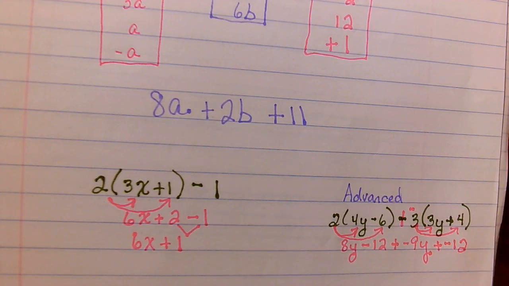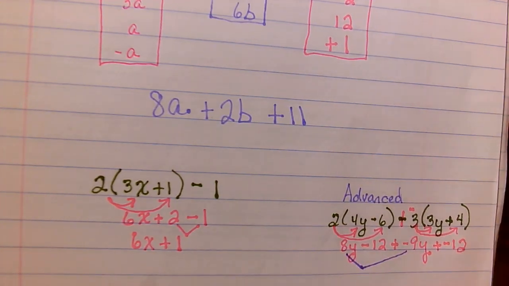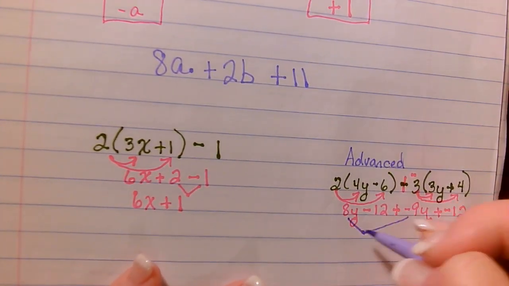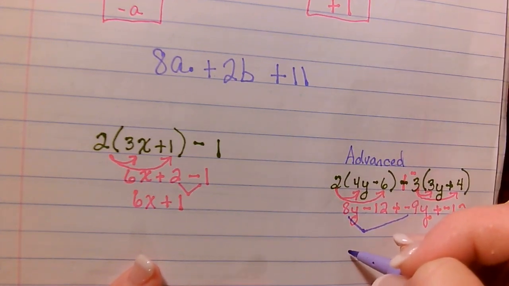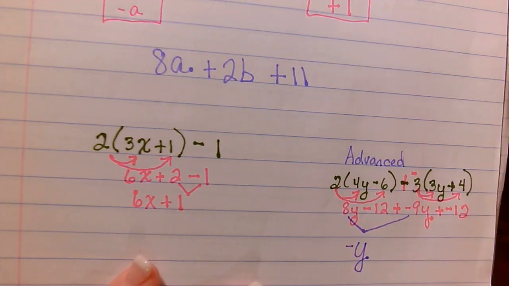Okay? Now let's look at this and combine like terms. In this particular case, 8y minus 9y, right? That's negative 1y. We told before we don't write the negative ones, so it really just becomes negative y.